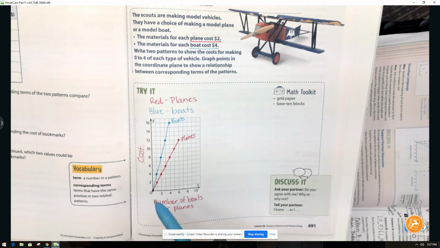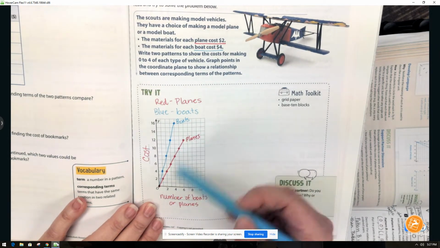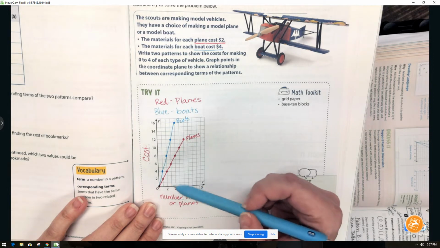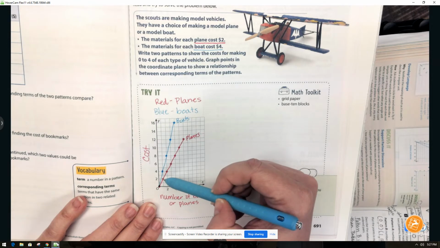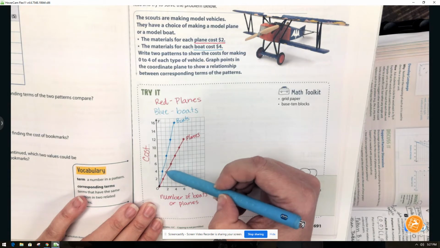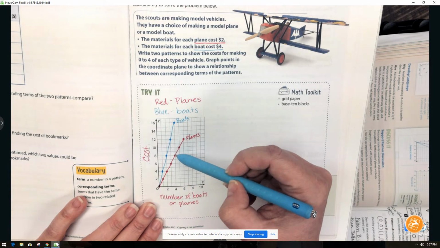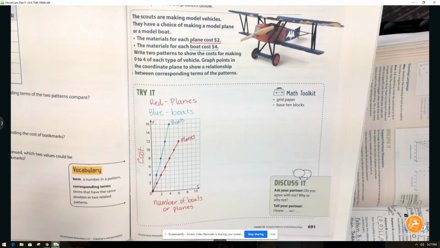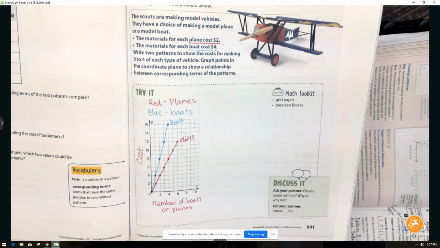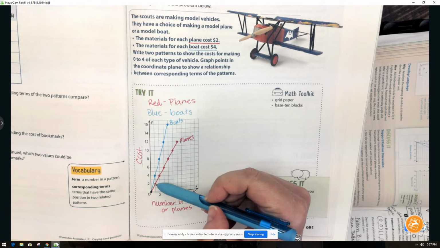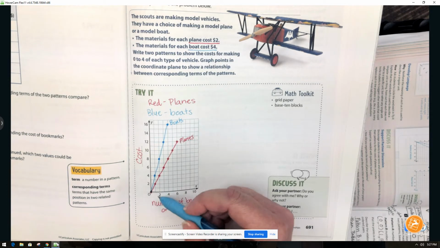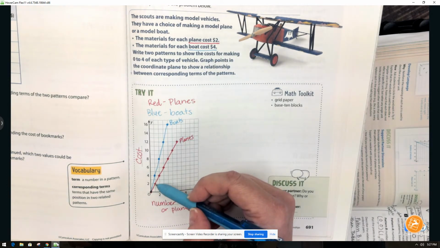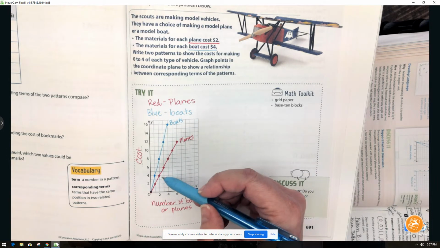So now you can see that we have two patterns. We have our planes and we have our boats. I'm just making sure I did it right. Oh, yes, I did. Okay. So now we can see that if we bought one boat and one plane, the plane would cost $2, the boat would cost $4.